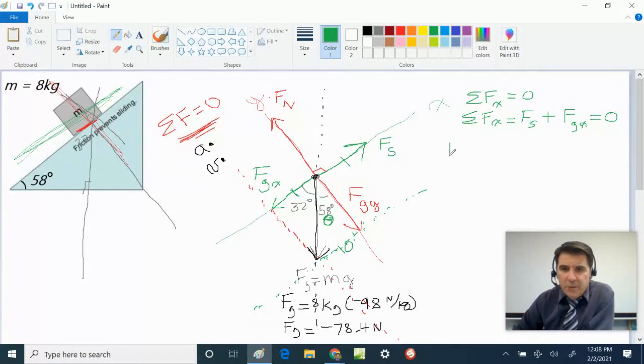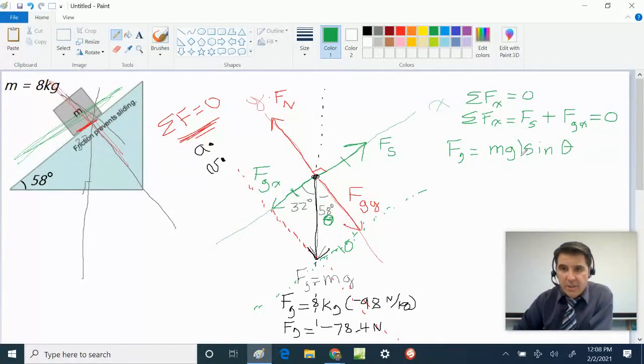So FGX is going to be equal to mg, which is this thing here. This is mg, the hypotenuse, times sine theta, which gives me the opposite here. That's my math.